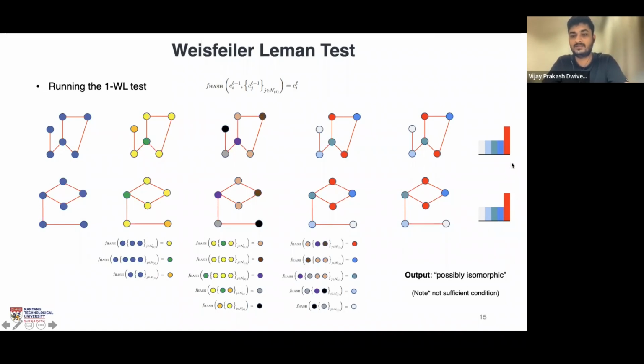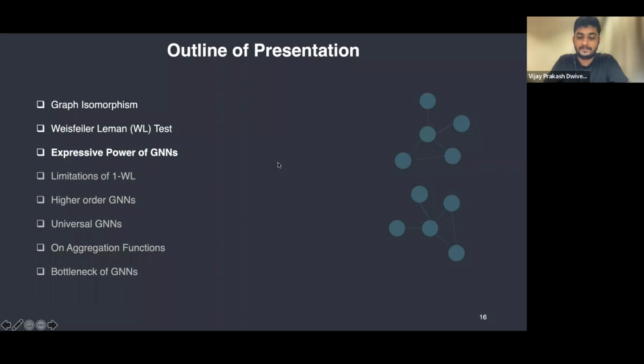But right now, since both are the same, it outputs possibly isomorphic. So this is how the WL test works, and it can be used to determine if two graphs are not isomorphic. The WL test can also be used to determine the expressive power of graph neural networks.